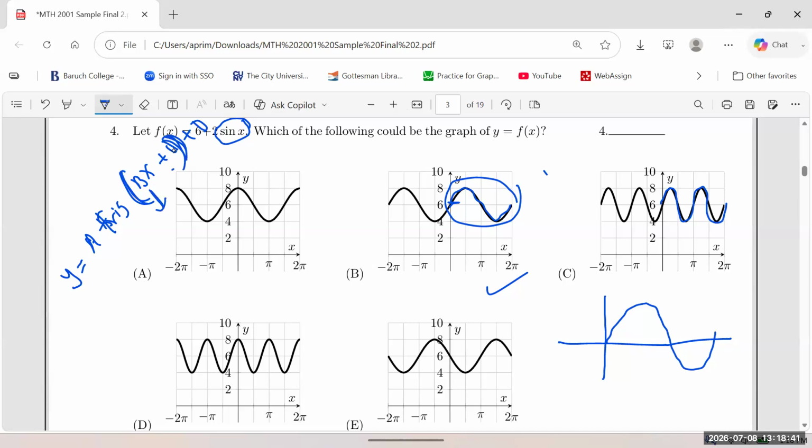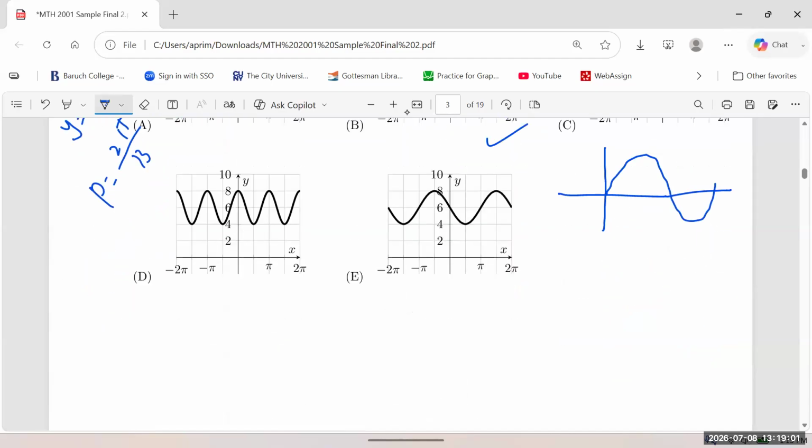And if you have a plus or minus c, that's going to give you left-right shifting. So what number you have in front of x? That's your b. So period is 2 pi over b. In this case, it's 2 pi over 1, which is 2 pi. Okay, so the answer is B.